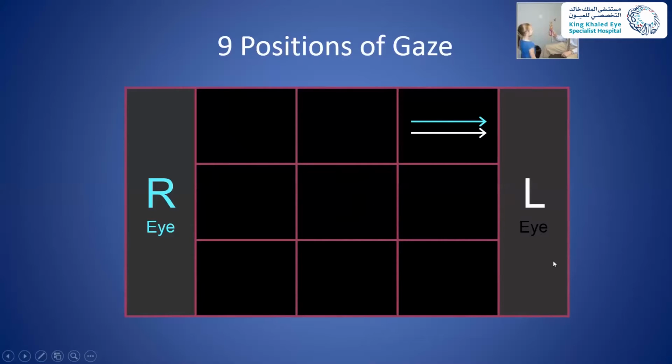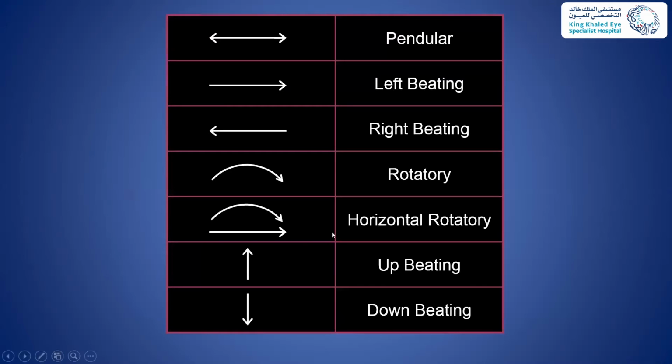We might go to the supratemporal, supranasal, infratemporal, and infranasal. I look with both eyes open and see what happens in both eyes in a certain position. Let us see what I did.